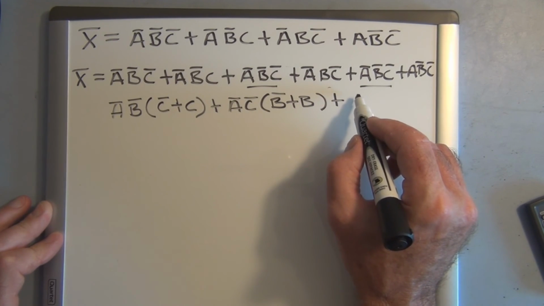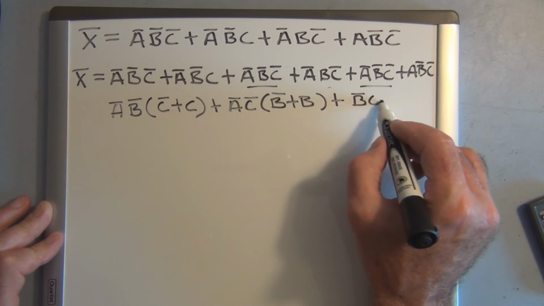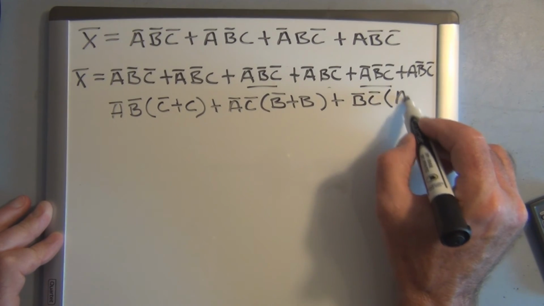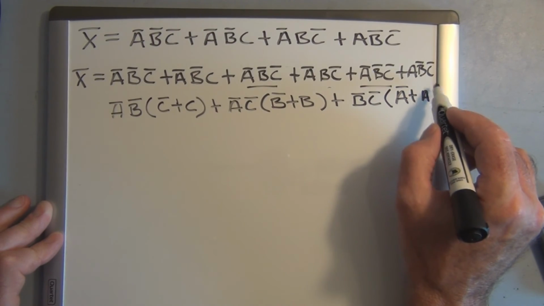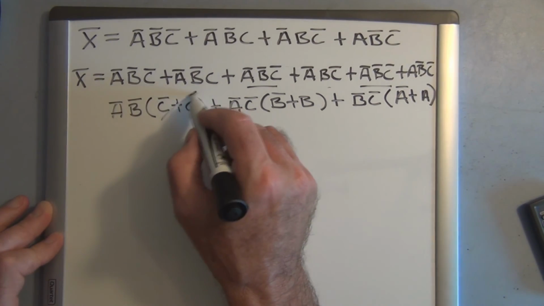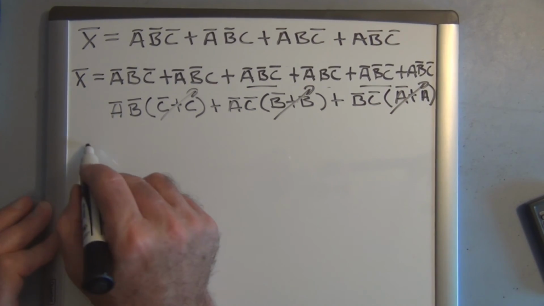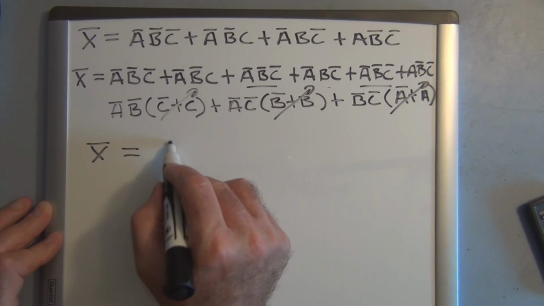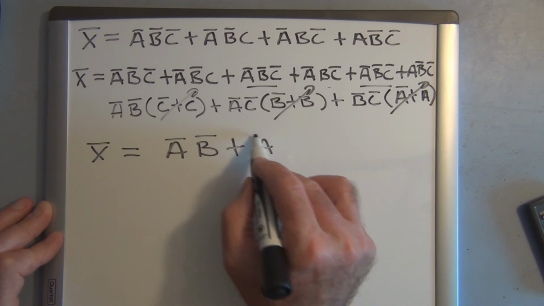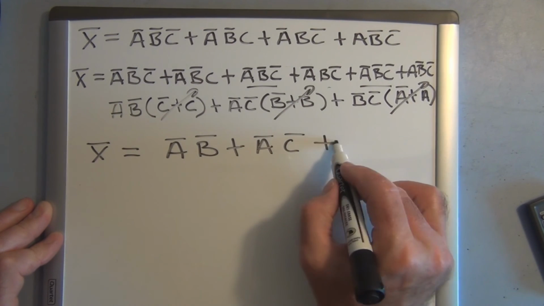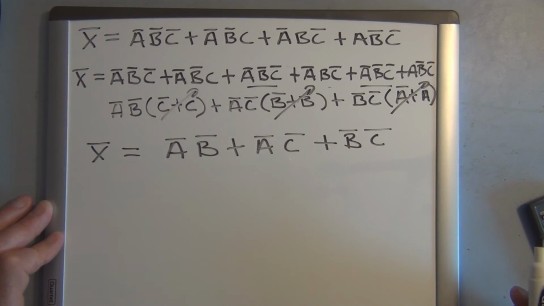And here we have b naught, c naught, and with a naught, a. And using the Boolean theorems, these go to 1. These are equal to 1. So we have x naught is equal to a naught, b naught, or together with a naught, c naught, or together with b naught, c naught.